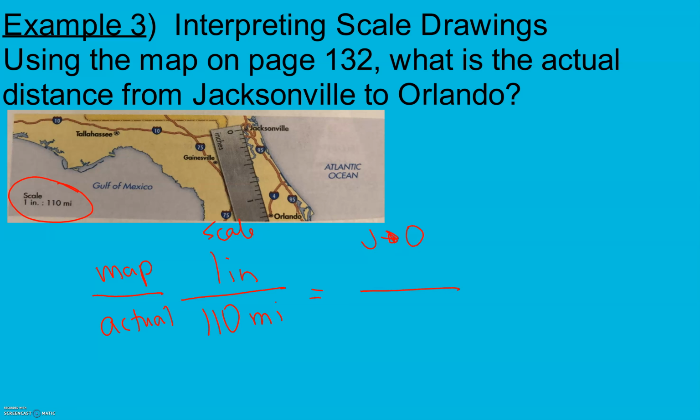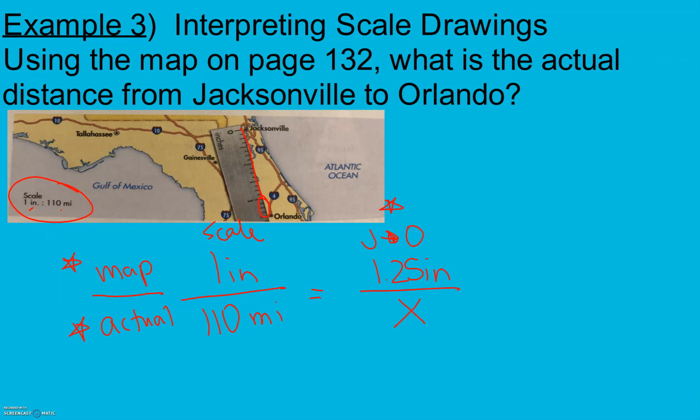Well, on the map, it looks like we have 1 full inch and an extra 1/4 of an inch. So 1.25 inches from Jacksonville to Orlando. And we want to know what is the actual distance. So again, my scale is 1 inch to 110 miles. So I put map over actual for both my scale and for what I'm looking for.